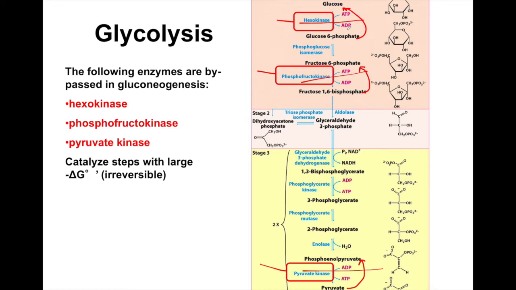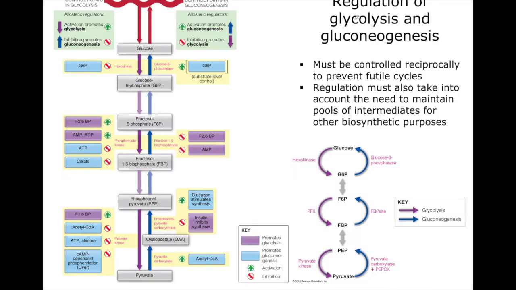Because if we want to shut off glycolysis, we're going to do it at one of these 3 points, or all of them. And if we want to shut off or activate gluconeogenesis, it's going to be, again, at one of these 3 points. So here is a figure that shows this in a bit more detail.